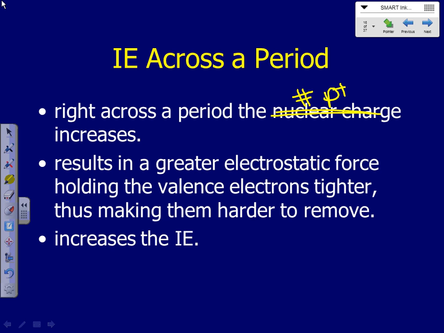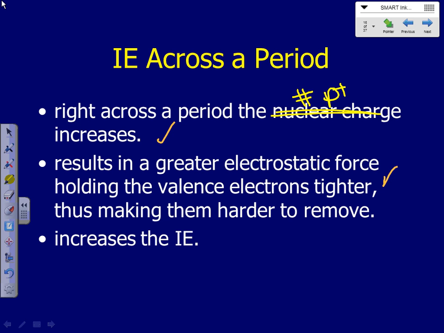So if I'm marking this, if you're writing this down and I'm marking this, right across the period, the number of protons increases. Beautiful. I don't put check marks for each one. That's not the way my brain works, but that's the way I'm thinking. This results in a greater electrostatic force holding the valence electrons tighter, making them harder to remove. Greater electrostatic force. Fabulous.